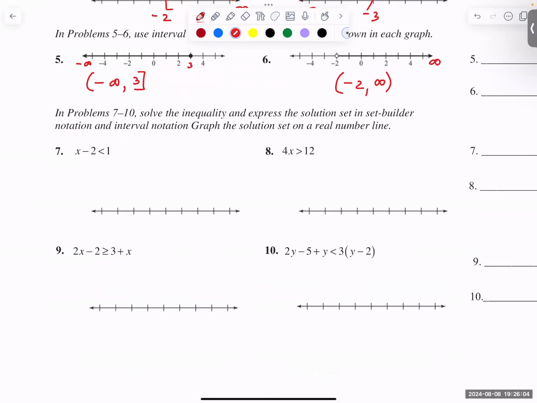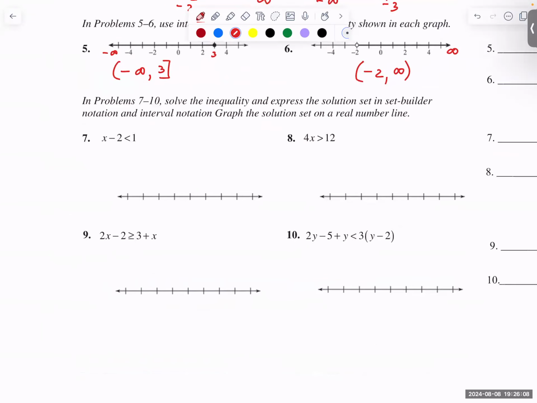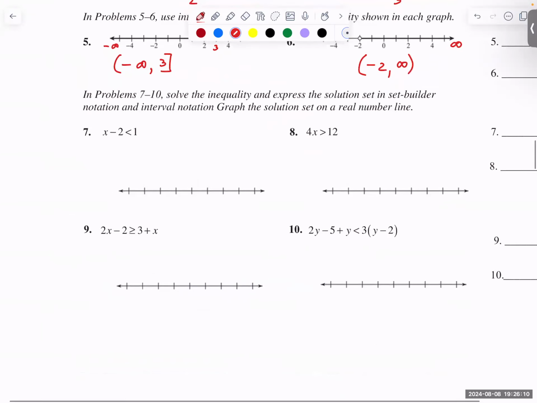Number 7, solve the inequality for x to find the solution set and express the solution set in set builder notation and interval notation. So to isolate x, we'll add 2 to both sides. 1 plus 2 is 3, so solutions are strictly less than 3. So we have a set of all real numbers x such that x is less than 3.